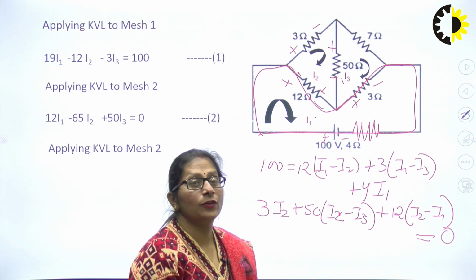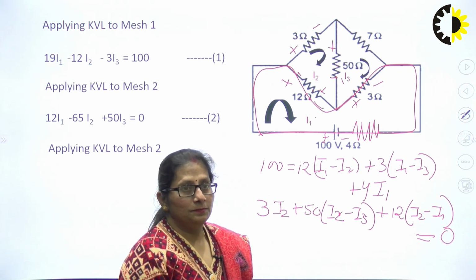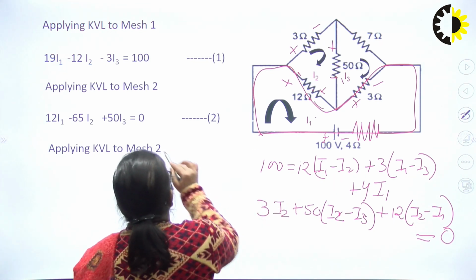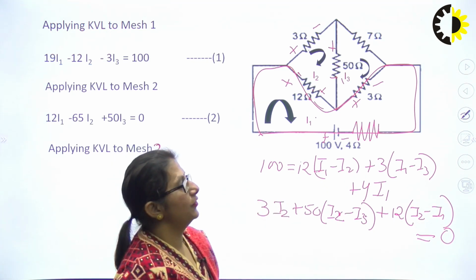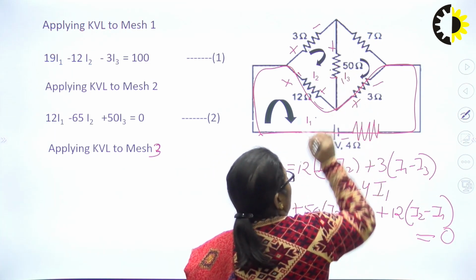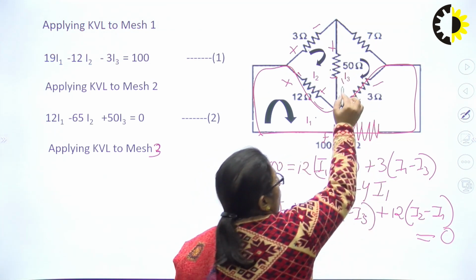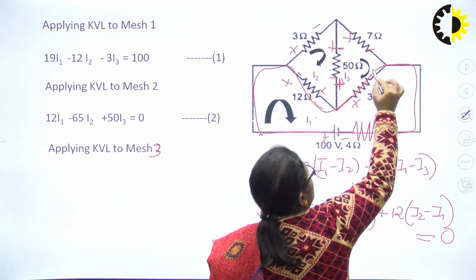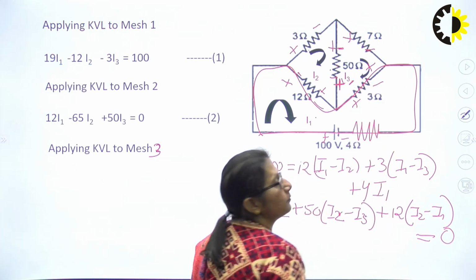So, for mesh 3, if I apply KVL, this is mesh 3. Once again I am having 1, 2 and 3 components, right. According to I3, I will be providing the drops, plus minus and plus minus, right.